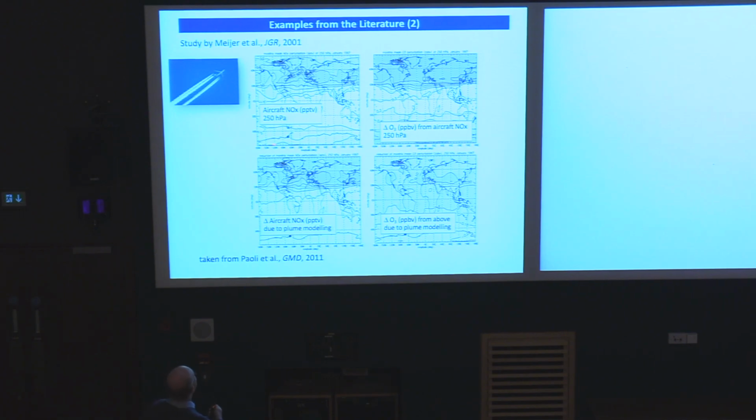So what we're seeing here is the change in NOx at 250 hectopascal, roughly the cruise altitude of aircraft, where most of the emissions are released, in parts per trillion due to aircraft. So we can see that global air traffic here in the North Atlantic Flight Corridor enhances NOx by up to 90 parts per trillion.